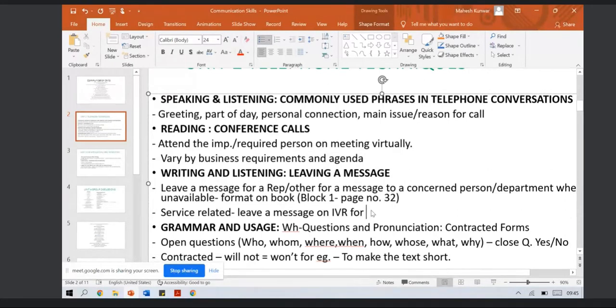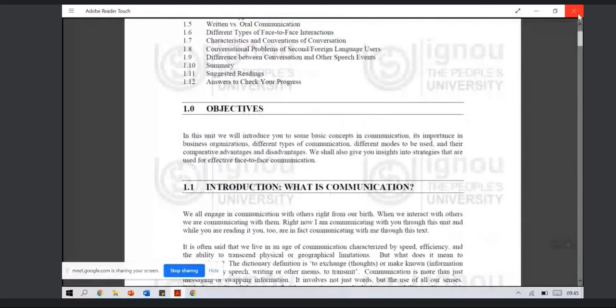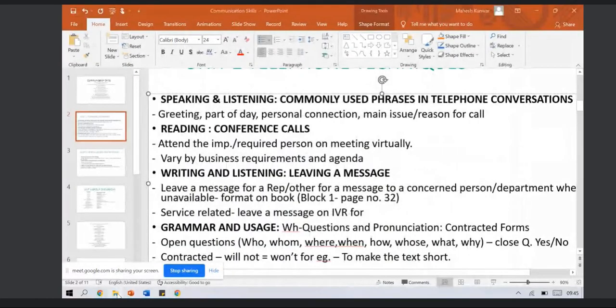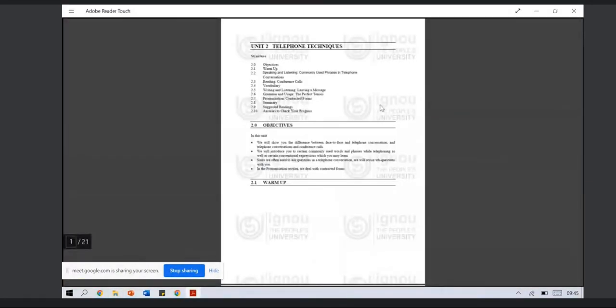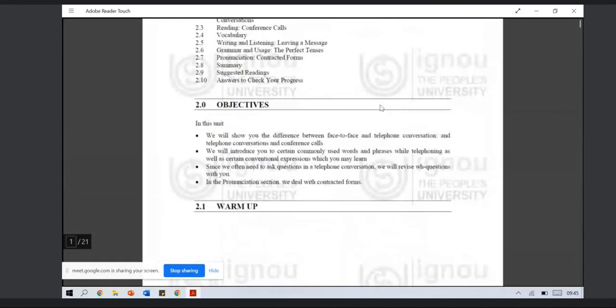While we are receiving the call, you'll first introduce yourself. Also, see page number 32. Or you are receiving a call on behalf of someone else.